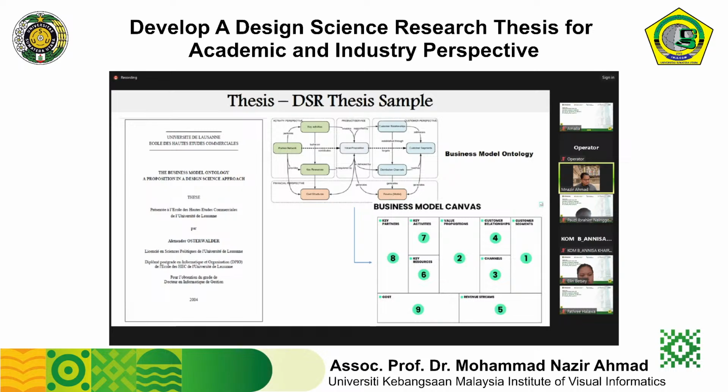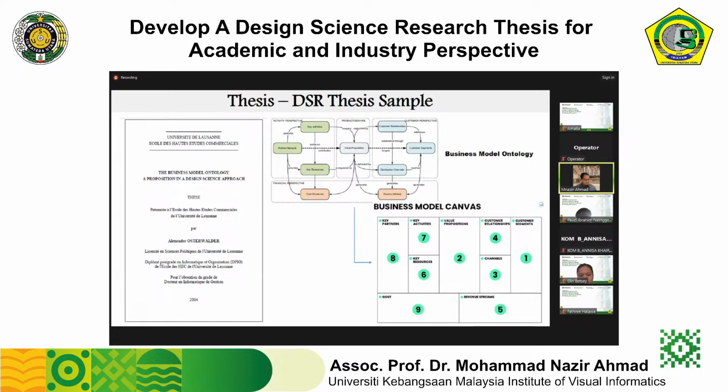If you Google, there is a business model canvas that many startup entrepreneurs, or those who want to establish a business or set up a company, are advised by consultants to build. Actually, the backbone behind the development of the business model canvas is the business model ontology. All right.